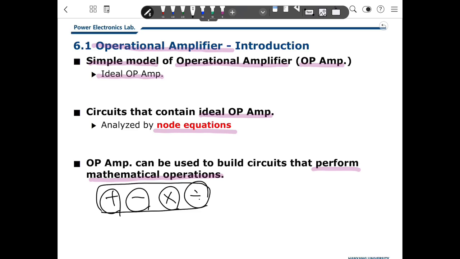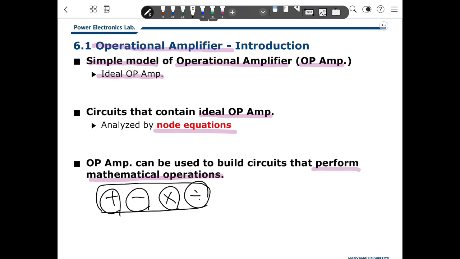But in electric circuit theory, we discuss the op-amp only as a device, an element or component of the electric circuit, in the same way as the voltage source, current source, resistor or capacitor. So we consider the op-amp as a kind of element that has a special characteristic to do special things in the electric circuit.